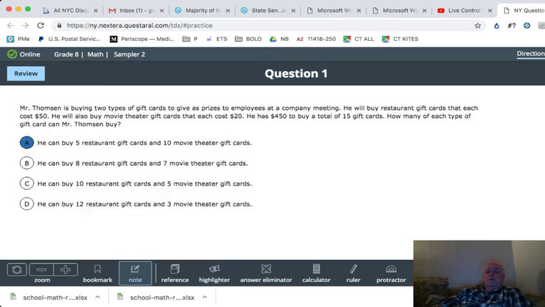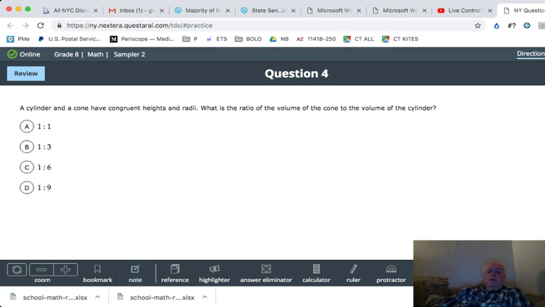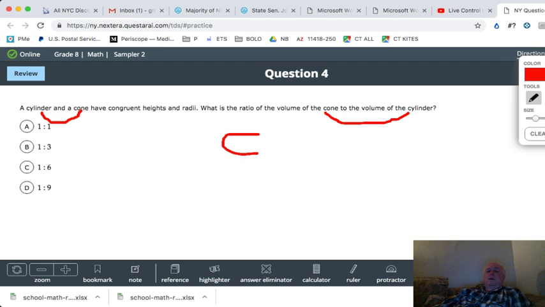So let's go back to that question. So it's asking about a cylinder and a cone, and then it says, what is the ratio of the volume of the cone to the volume of the cylinder? So we're looking for cone to cylinder.